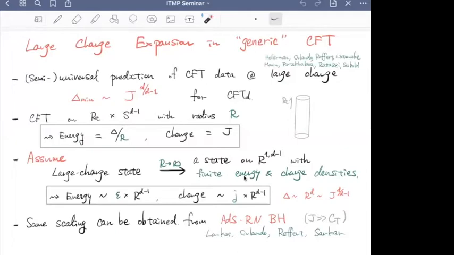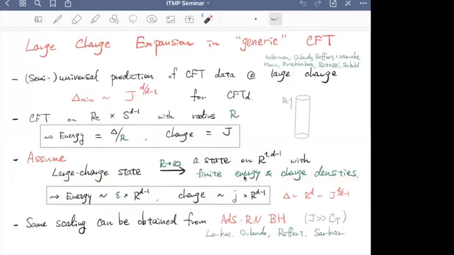Let's now try to derive this. Let's further assume that this large charge state, with energy and charge given by these, becomes in the large R limit a state on flat space with finite energy and charge density. So the idea is that originally I was considering the state defined on a cylinder, but in the limit where R is infinite, it should become some state on flat space, with finite energy and charge density.